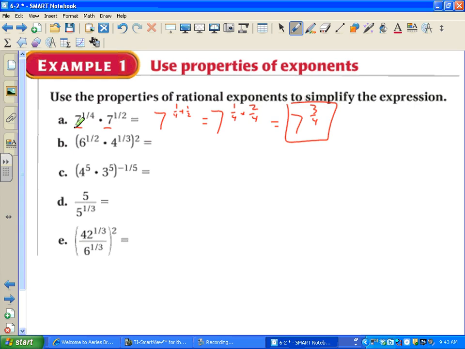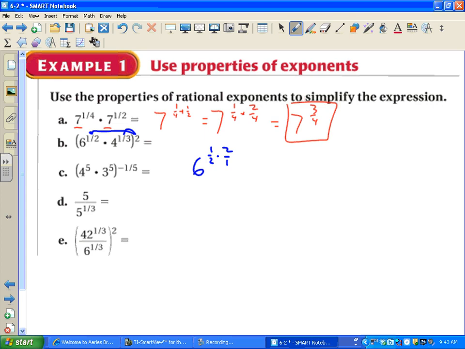Next up, 6 to the 1/2 times 4 to the 1/3, all raised to the second exponent, or squared. Realize here we're raising the exponents. That means we will distribute this into both terms, and that's going to give us, I'm going to write down here, 6 to the 1/2 times 2 to the 1.